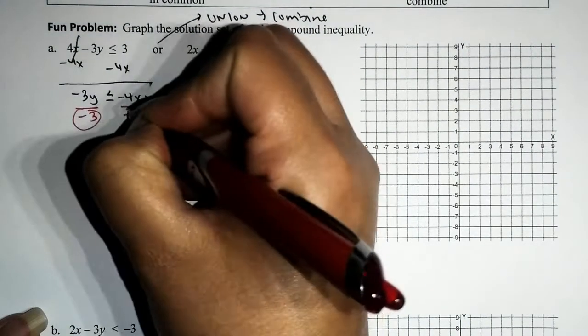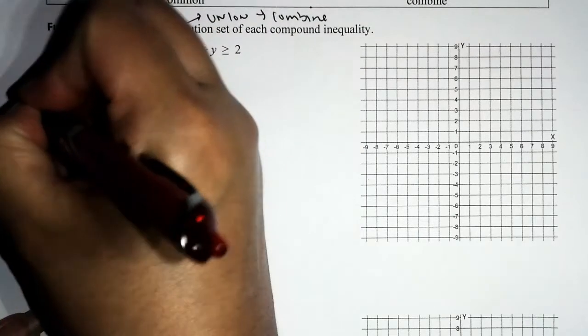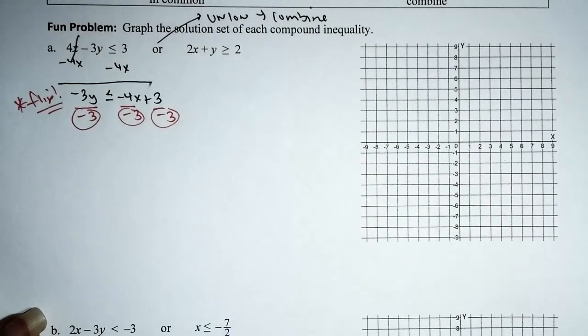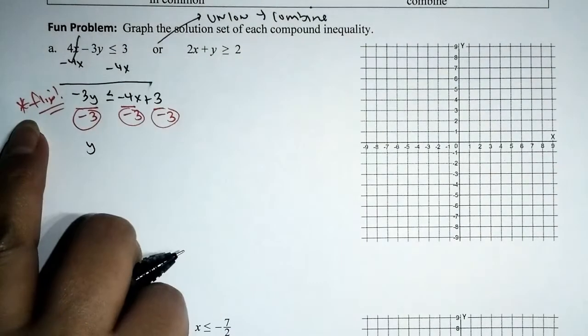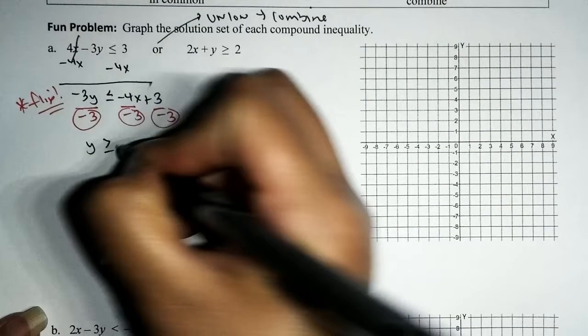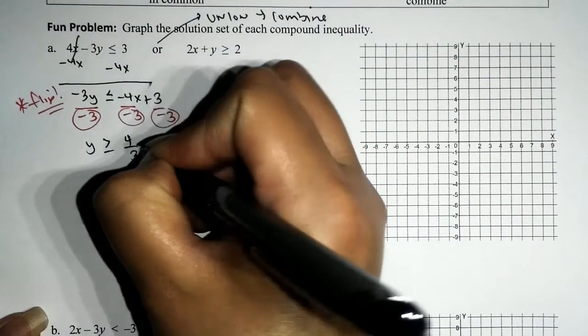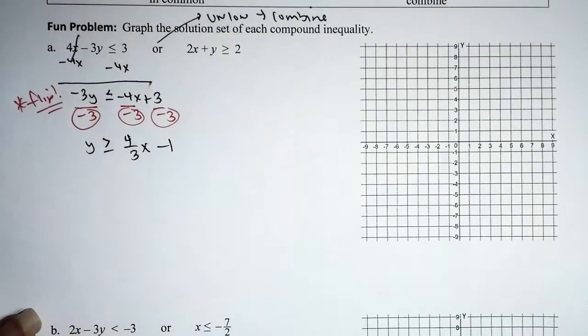So I'm going to say, let's bust out the sirens. But we'll write "flip" because we're not going to write those long directions. So that will leave us with y, flip, is now greater than or equal to positive 4/3 multiplied by x, less 1.